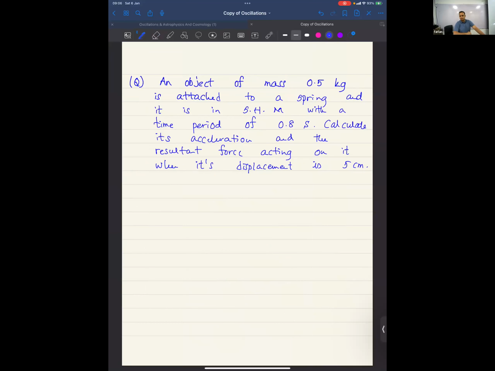An object of mass 0.5 kilogram is attached to a spring and it is in simple harmonic motion with a time period of 0.8 seconds.